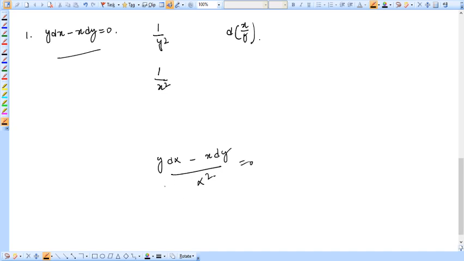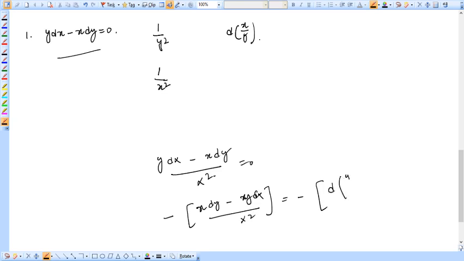Now if I take the minus sign out, it becomes x dy minus y dx over x square.